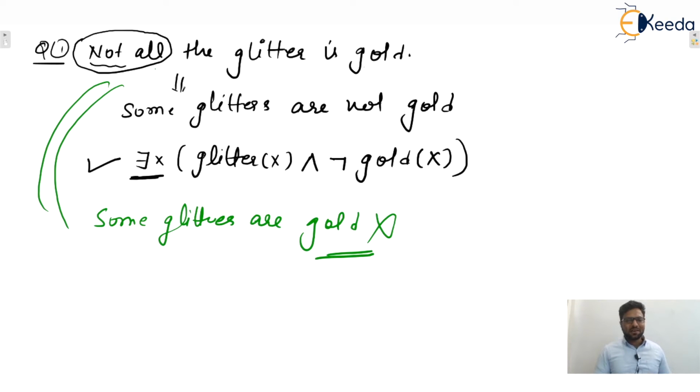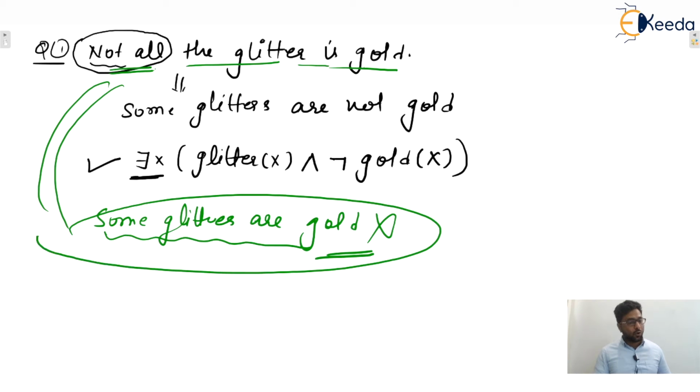The remaining glitters may be silver also.